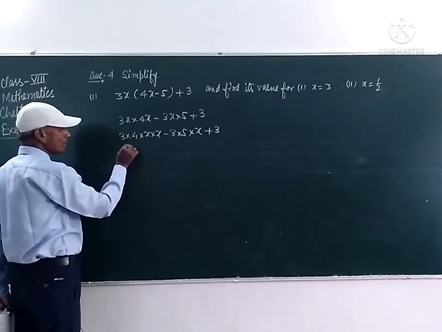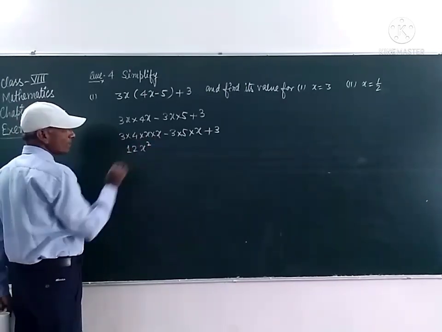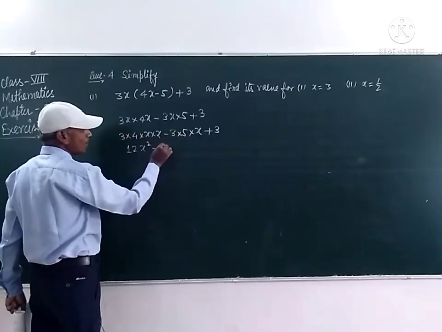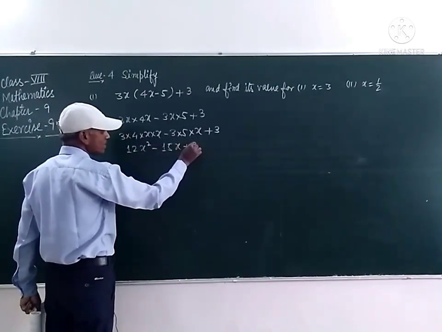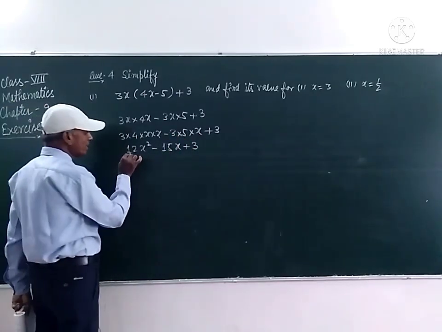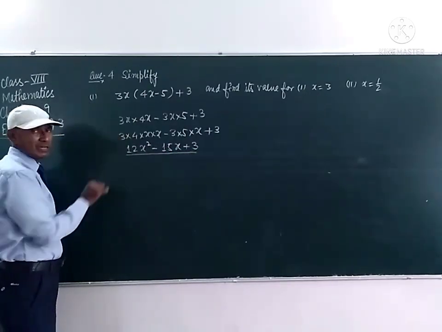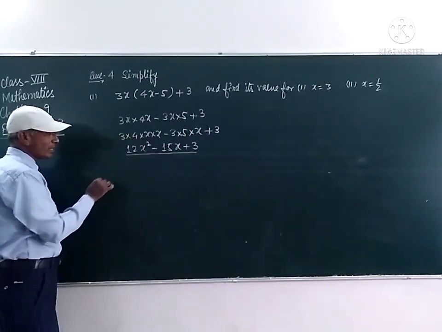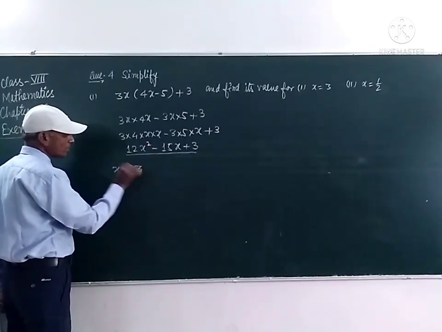Now this one 3 fours are 12, x into x, x square, minus 3 fives are 15, this one x plus 3. Clear, friends? Now this is the simplification of the expression. We have simplified this. Now we have to put the value x is equal to 3.